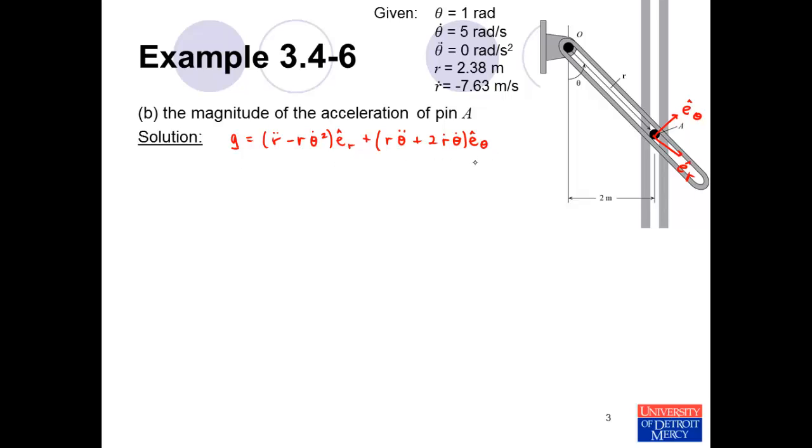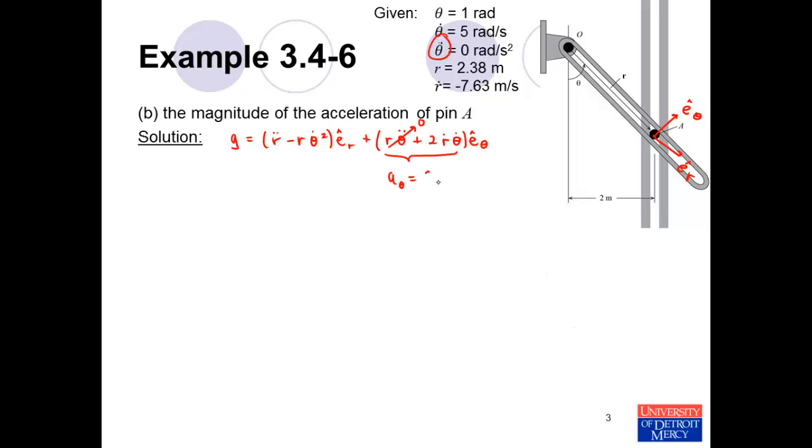Looking at this, right away we can sort of plug some numbers in. So we know that theta double dot is 0, so that term goes away. We know what r dot is from the last part of the problem. We know what theta dot is, and so right away we can determine the transverse component of the acceleration.